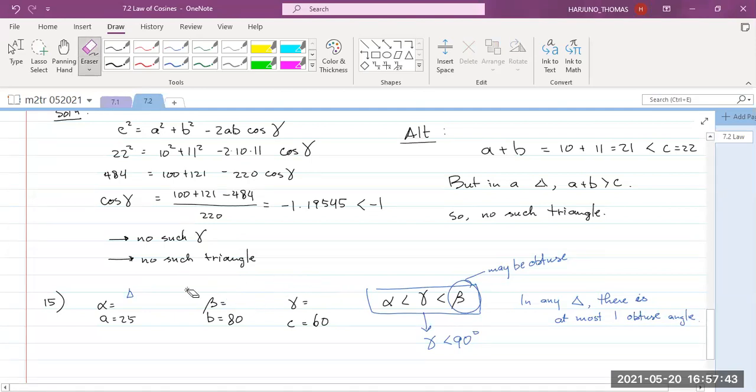So as a starting point, you can start from gamma, which is my preference, or you can start from beta. Now I do not recommend you to start from alpha. Why? Because your alpha, for sure, if you use law of cosine, will be obtuse, right?